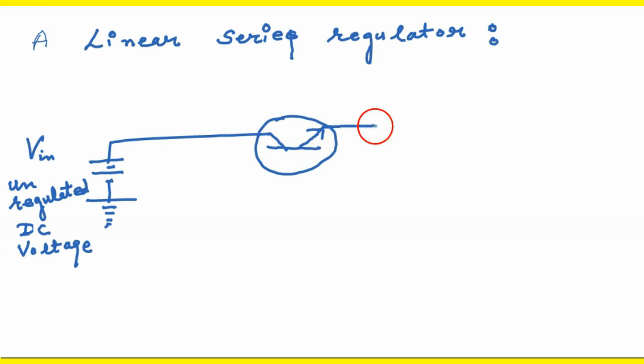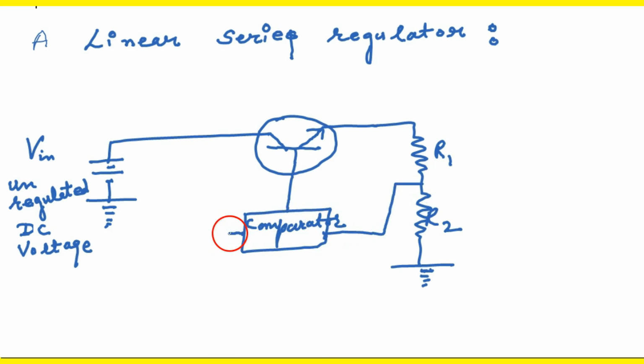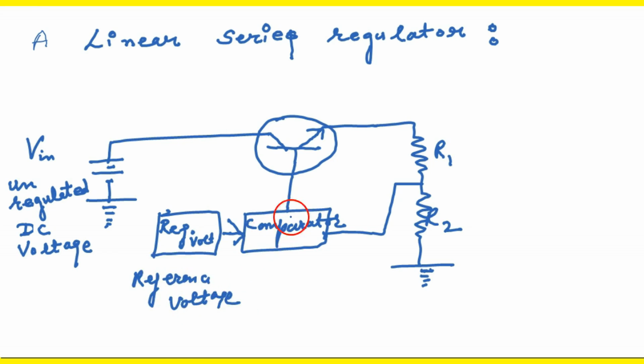Here we have a transistor, a series transistor. R1 and R2 are two resistors. Here is a comparator. There are two inputs to the comparator, one from the reference voltage and the other from the network R1 and R2.